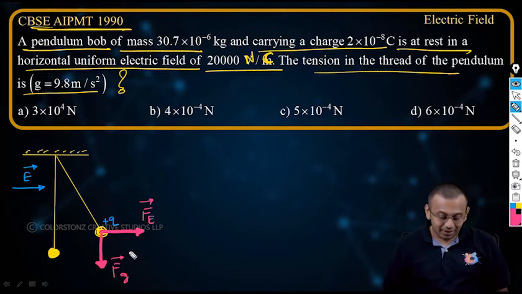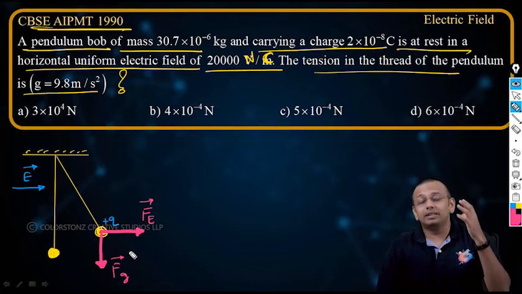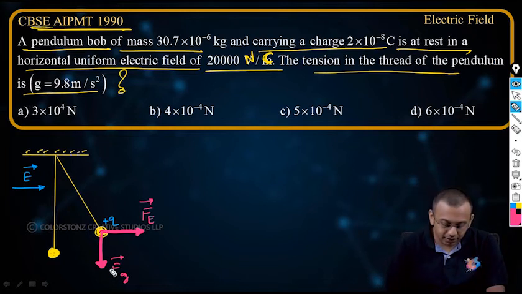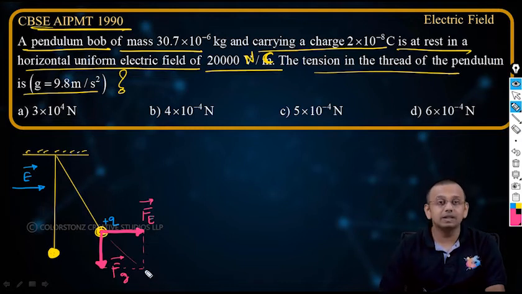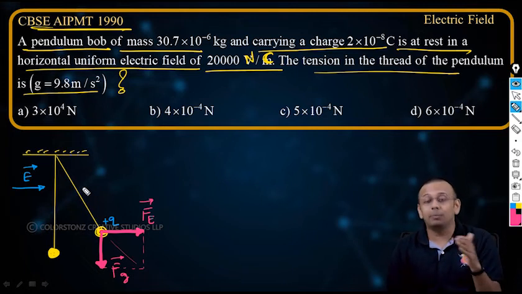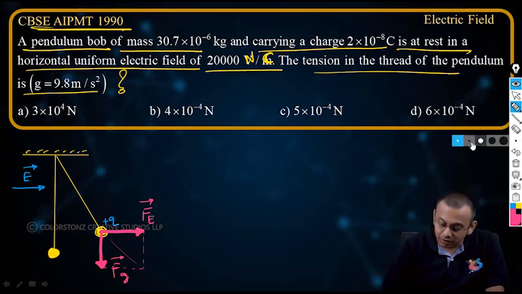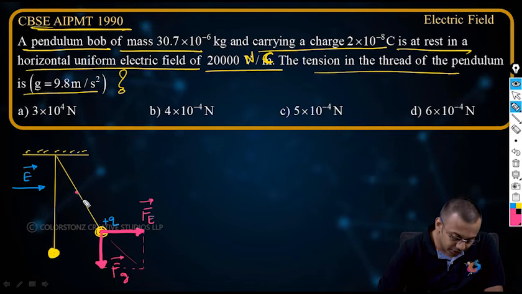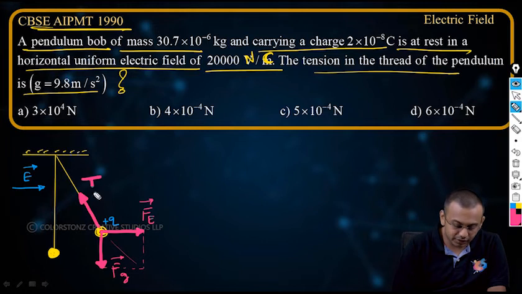You can see that the tension will have to balance the resultant of both these forces. So if the resultant force is here, tension will have to get aligned in such a way that it opposes these two forces. So the tension will act in this direction, balancing both the forces. So tension will act like this.